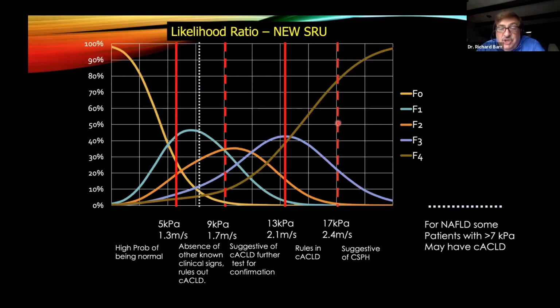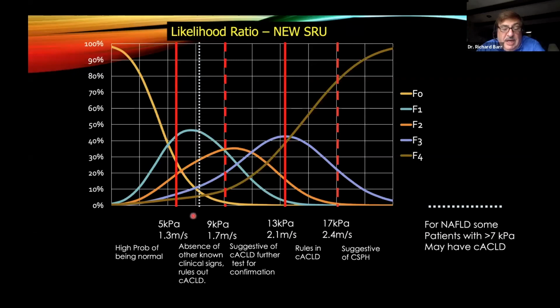We added this dotted line of 17, above which is suggestive of clinically significant portal hypertension, and the second dotted line of 9 kilopascals, which raises our suspicion. So we kind of split that middle area into two, one that has a lower probability of compensated advanced chronic liver disease, and one that has a higher level of possible compensated advanced chronic liver disease.